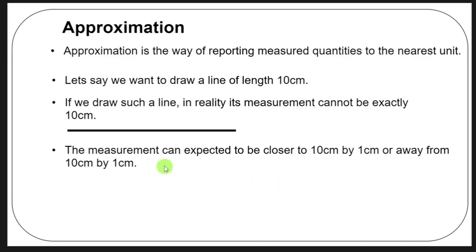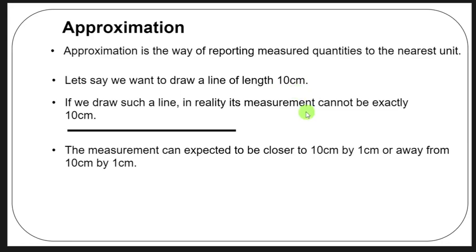According to standards of making an error, a person is allowed to make an error of 1 centimeter, especially if they are measuring a length of 10 centimeters. They're expected to make an allowed error of 1 centimeter below or above the actual.